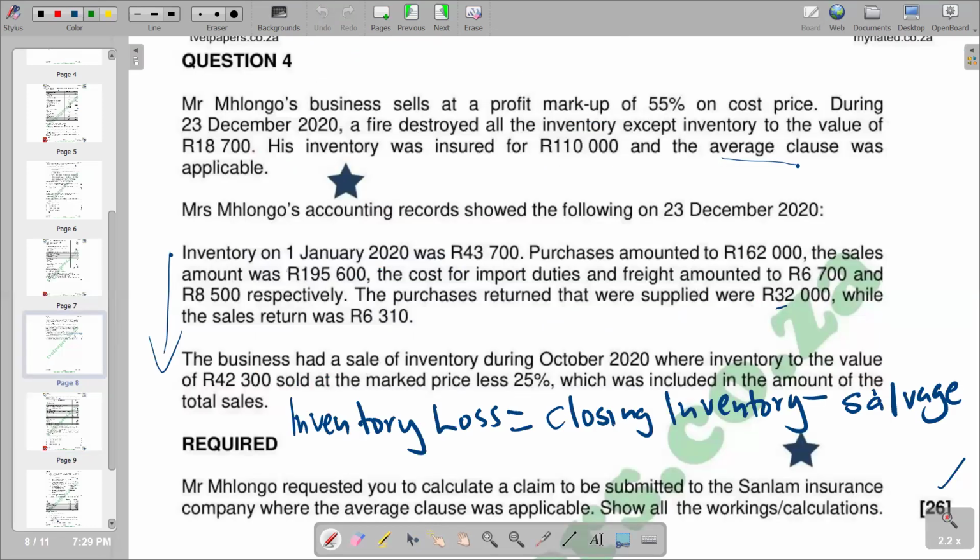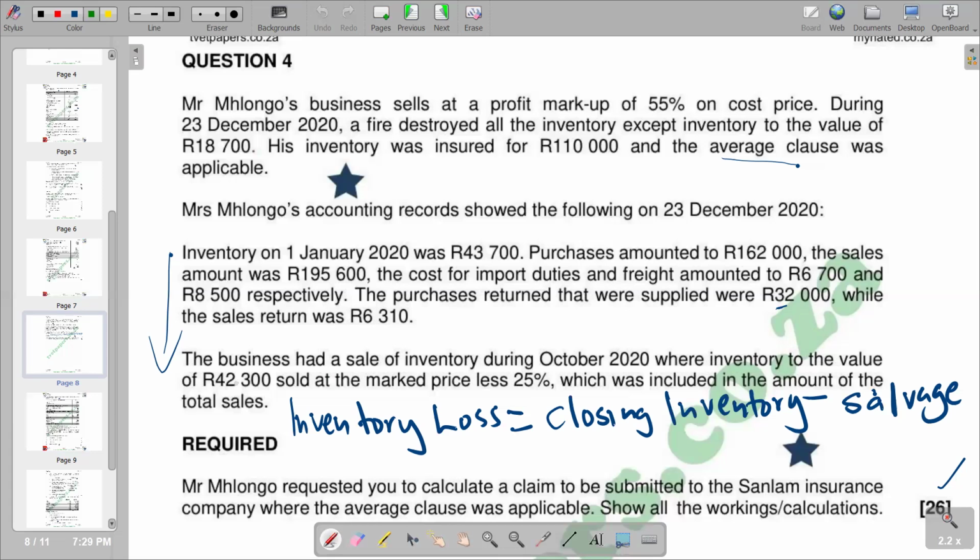So if you refer back to 195,600, you'd see that inside our normal sales, inside our total sales, we also have the yield sales, where during October 2020, inventory at the value of 42,300 rands was sold at the market price less 25%.